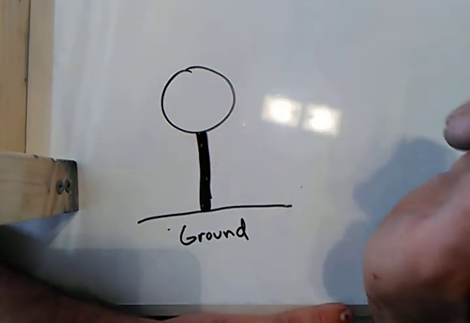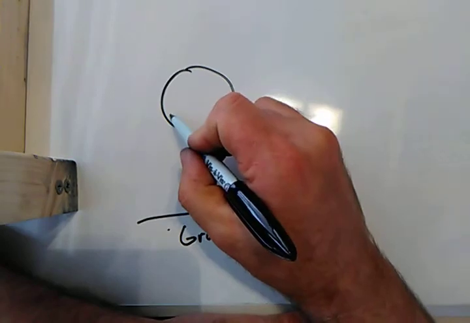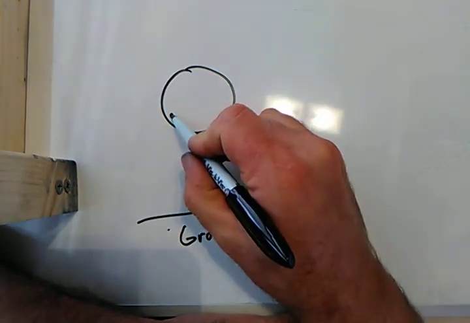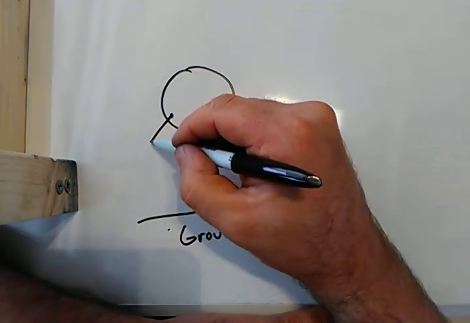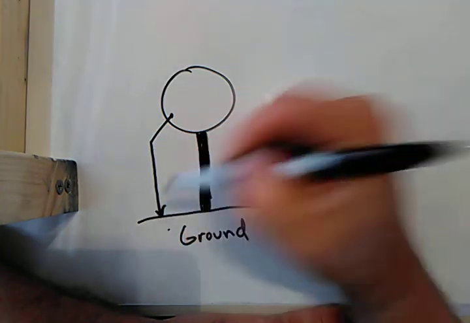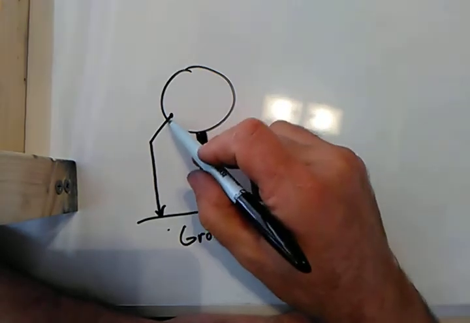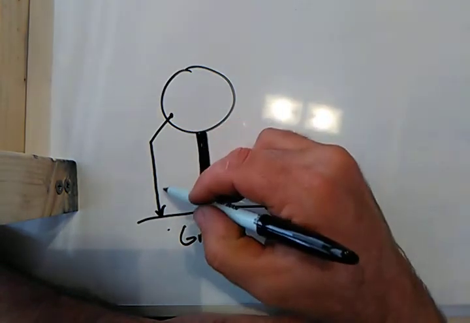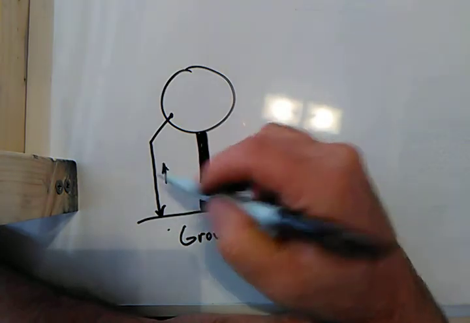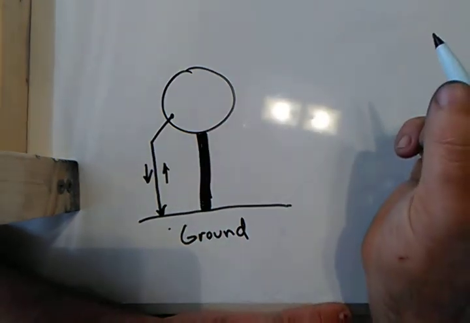But let's say I were to take a copper grounding wire and hook it to the side of the sphere and bring it down to the ground. Hey, look what I've done now. I've given a path for electrons to either go up or down this wire.